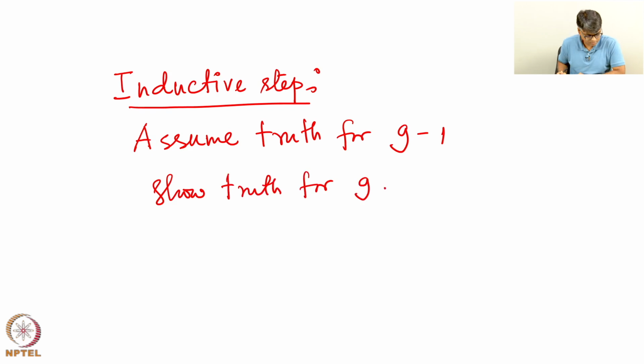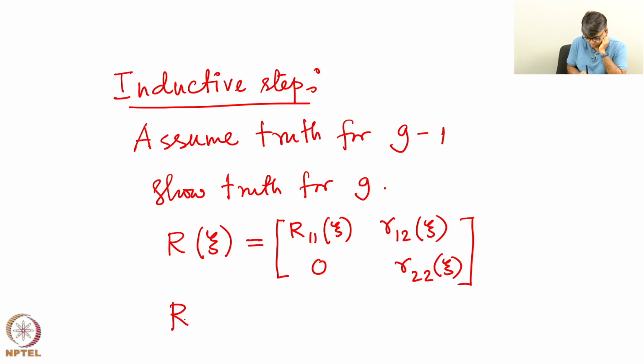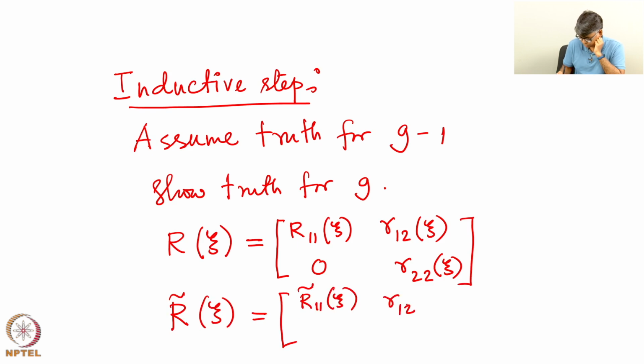Now, how do we go about doing this? For that, we are going to assume that R psi is in this form. That is without loss of generality, because we have already seen that matrices can be brought to the upper triangular form by a series of unimodular row operations, which means these are unimodularly equivalent.